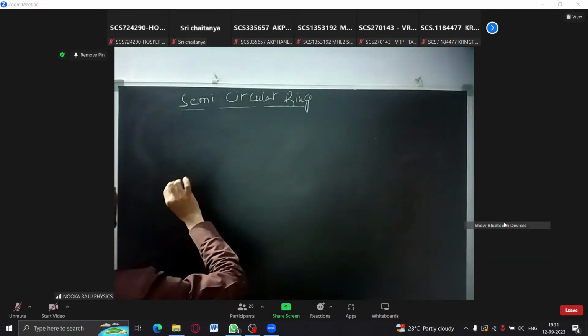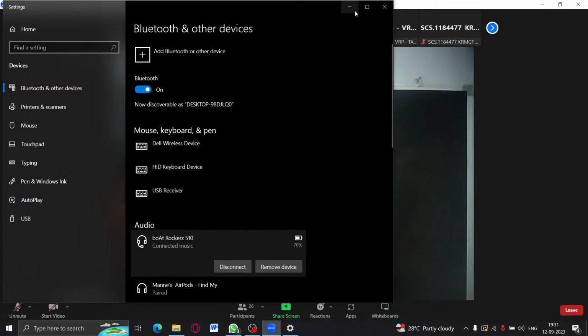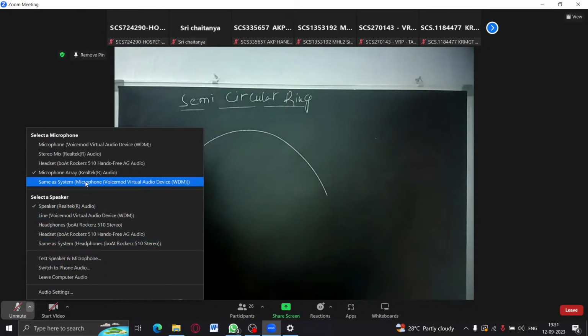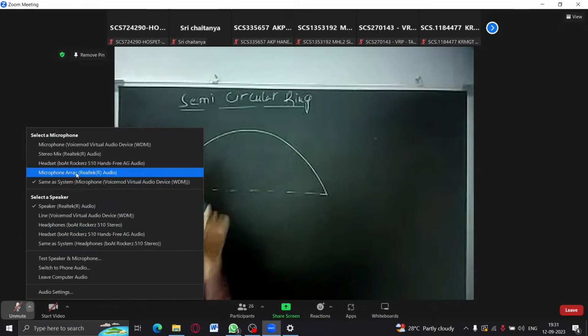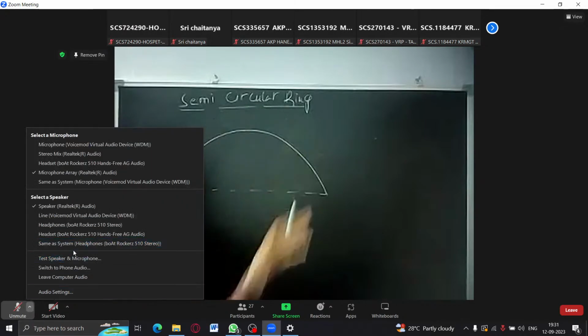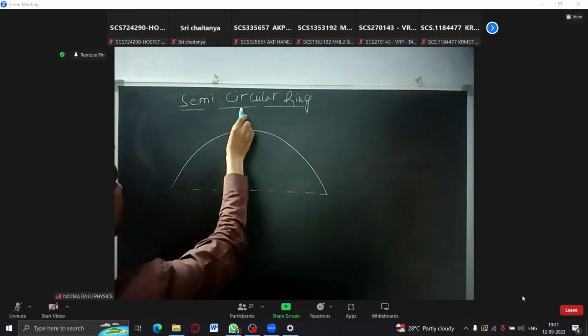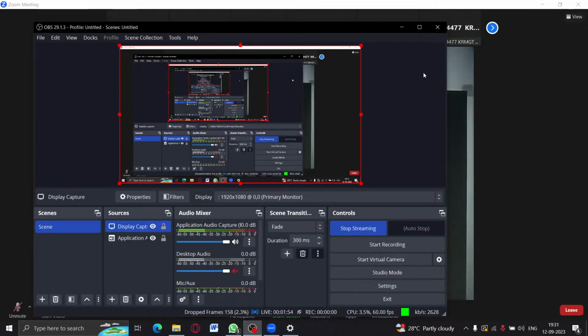Now this is a semicircular ring. Let us assume this is the line of symmetry of the given figure.